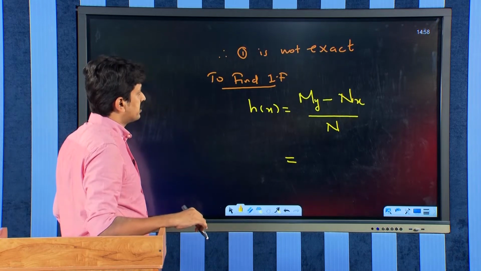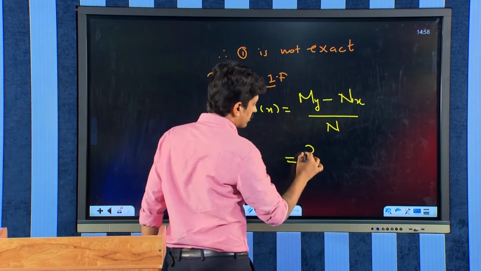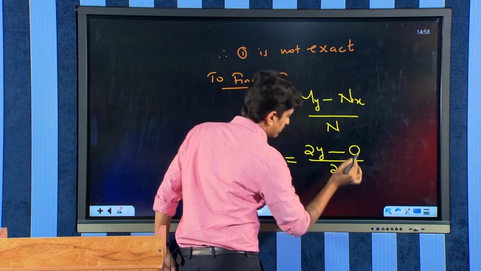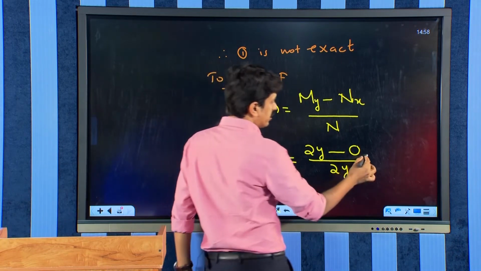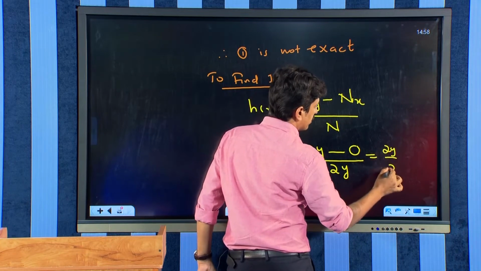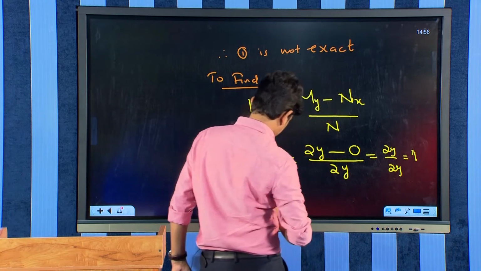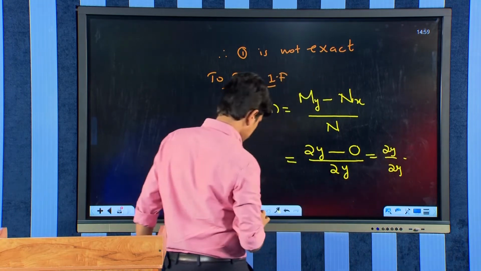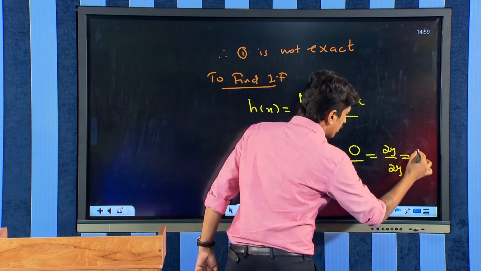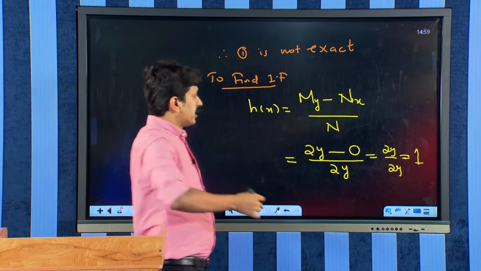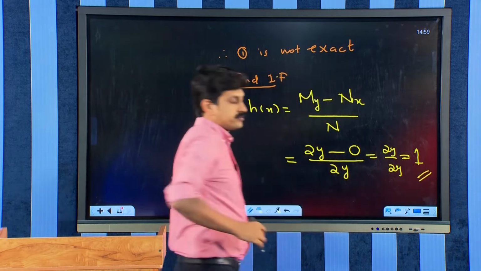So h of x is equal to (2y minus 0) divided by 2y, which is 2y divided by 2y, that is equal to 1. So the value is 1, and h of x is equal to 1.